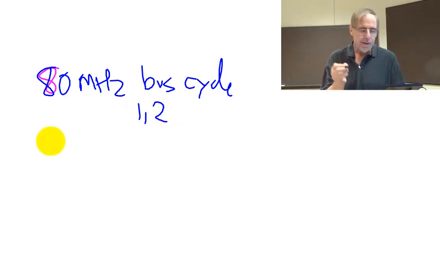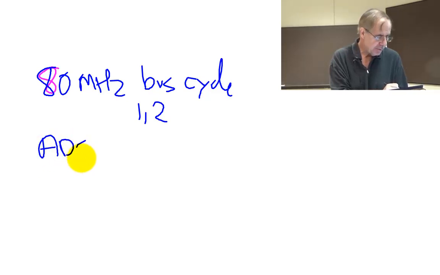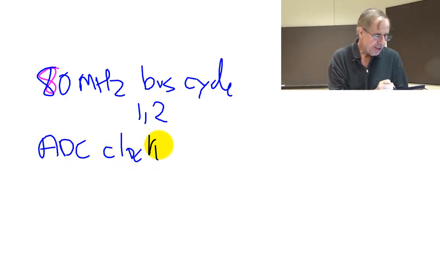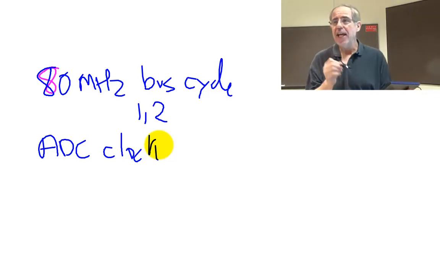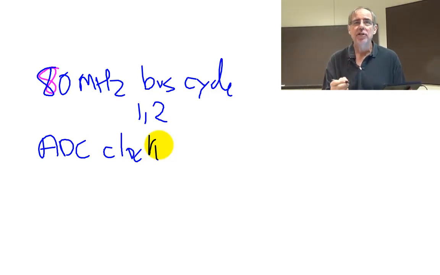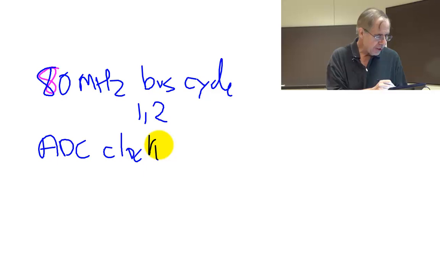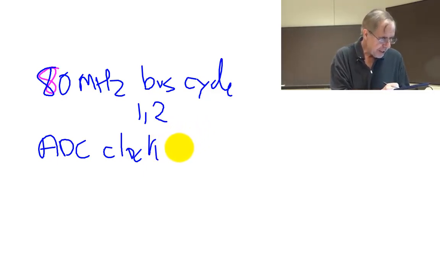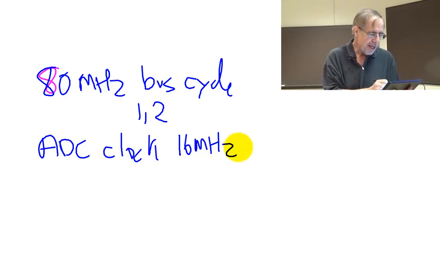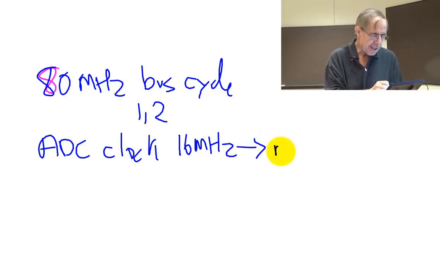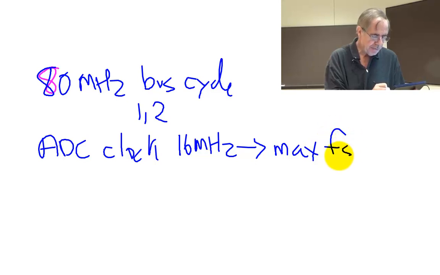Okay? Then we have an ADC clock. This is how fast the ADC runs. Okay? And so, for instance, when you turn its clock on, we're going to connect it up to something that's around 16 megahertz so that it can create a maximum sampling rate of 1 million samples per second.